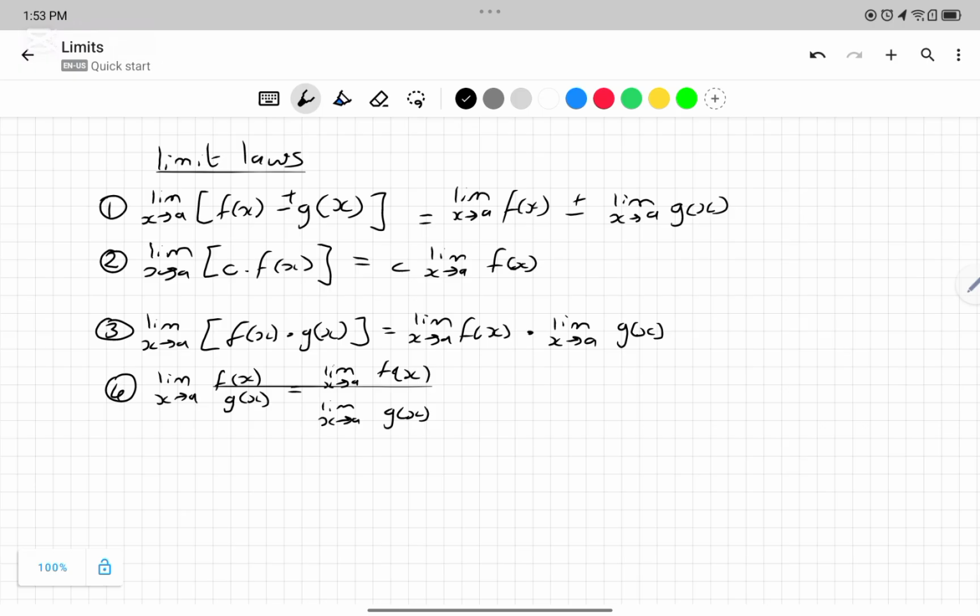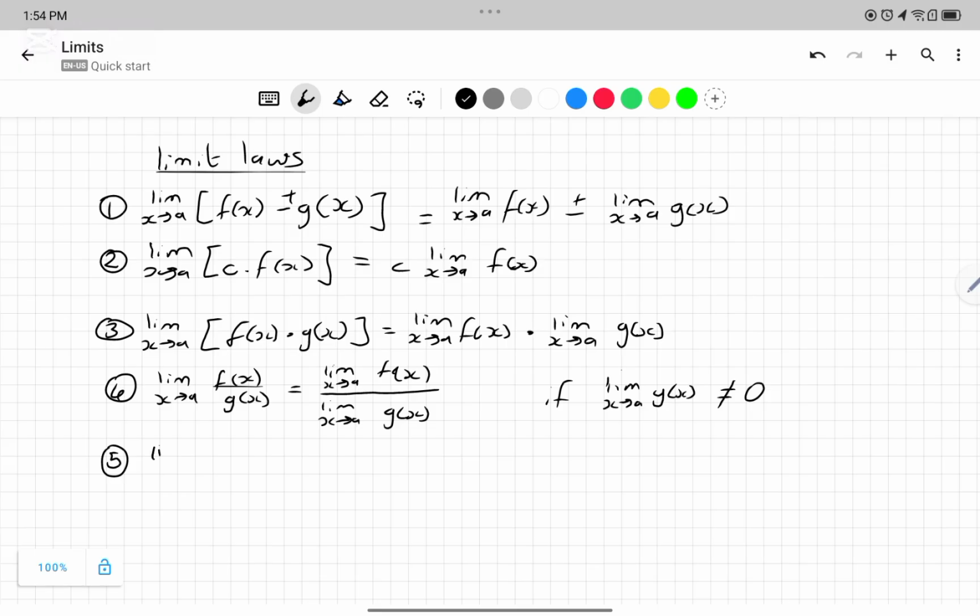So we're putting limiters on them: if limit of g of x as x approaches a is not equal to 0, then 5.